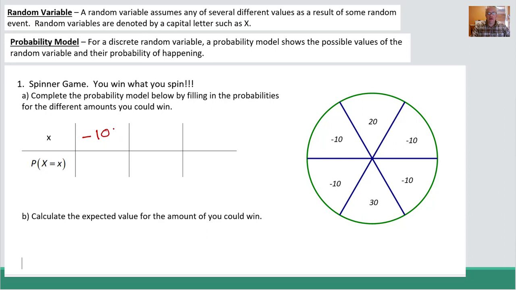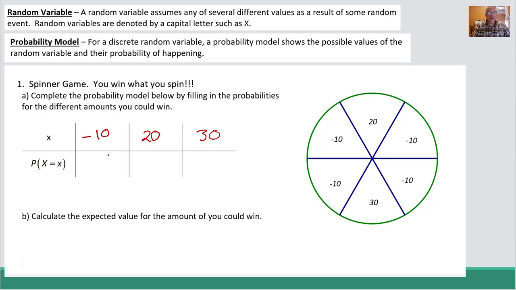So if you land on the negative 10, that means you lost 10 bucks. You could win $20, so that's good news. And even better news is you could win $30. These are the values you can win. There are three values, there are no others. So this is an example of a random variable. You can win negative 10, 20, and 30 with certain probabilities.